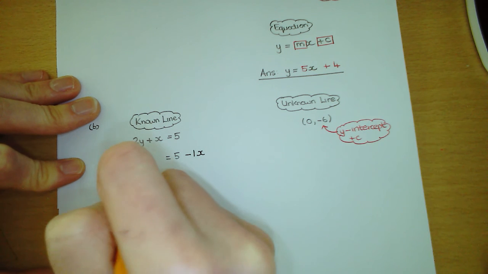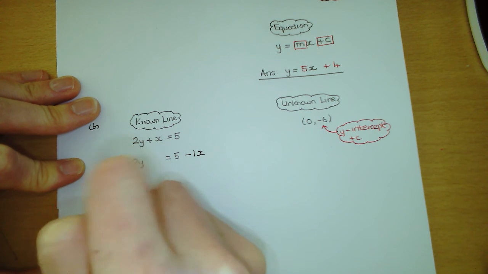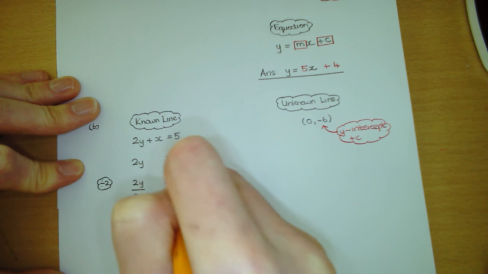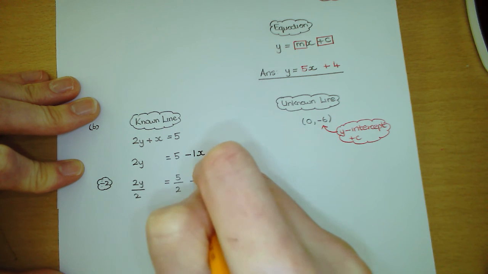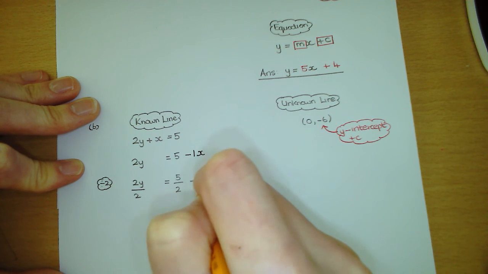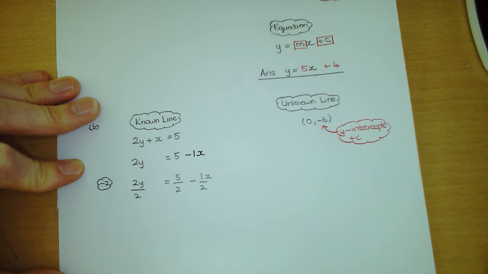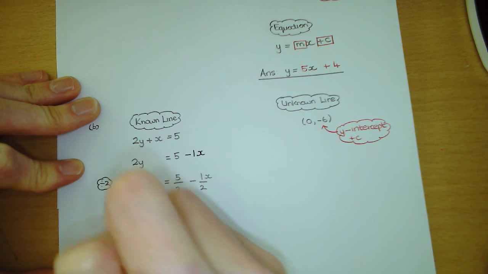So divide every single thing in the equation by 2. Both sides by 2. So we're going to get 2y over 2 equal to 5 over 2 minus 1x over 2. Tidy up. So the 2's cancel.